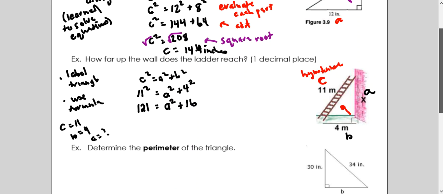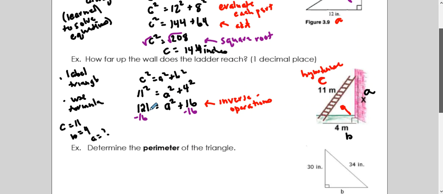Moving forward, I'm going to use inverse operations to get A by itself. I know that I have to subtract 16 from both sides.